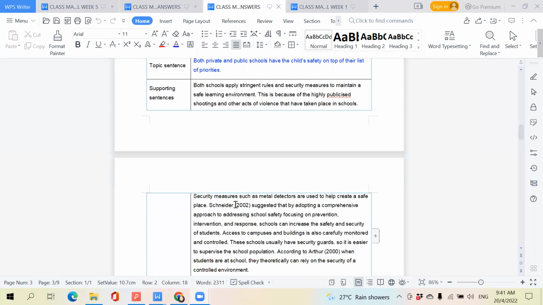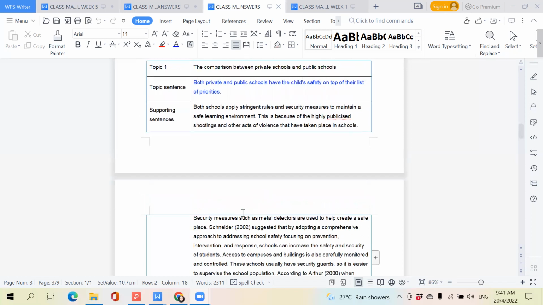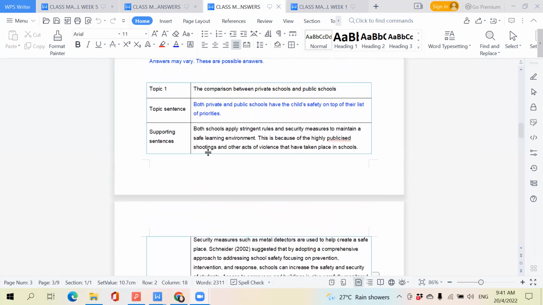But if you copy and paste, like I said, you will be considered as plagiarizing, and plagiarism will give you a 0. Okay, so don't mess around with plagiarism. Anyway, yeah, topic sentence. It's not that difficult. Just understand the components that need to be there, and you are all set.